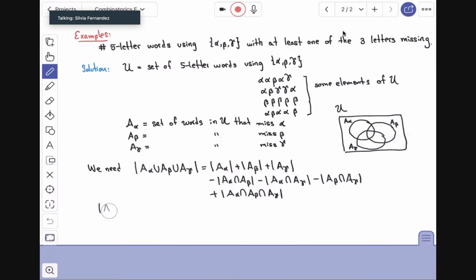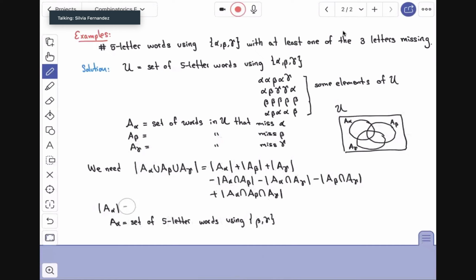So the cardinality of A alpha: A alpha is a set of words, a set of 5-letter words using letters from no alpha, so beta and gamma.